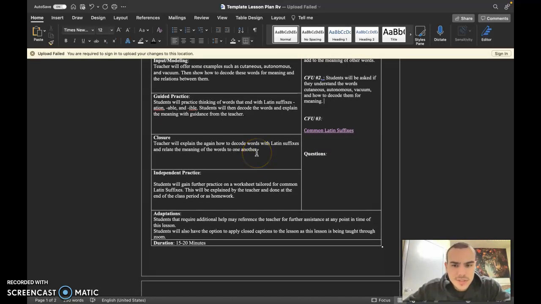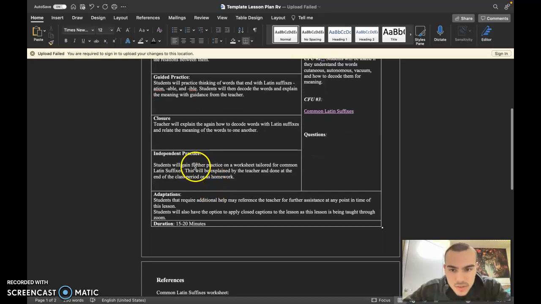With this, students should have a fair understanding of what it looks like to decode words and look for words in the English language with Latin suffixes, and see how Latin suffixes affect the meaning of words within the English language, and see similarities in different words that have Latin suffixes and how they're affected similarly.